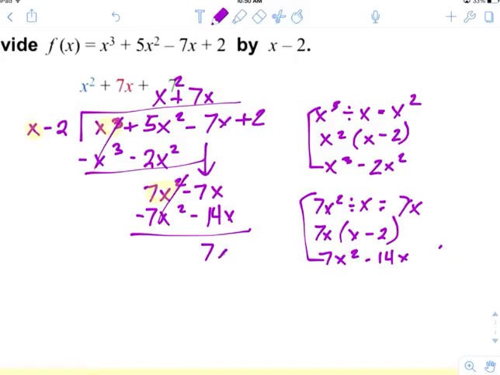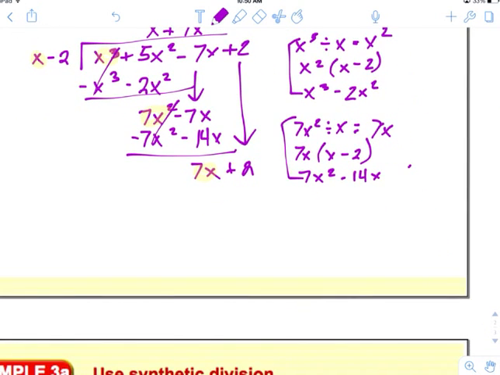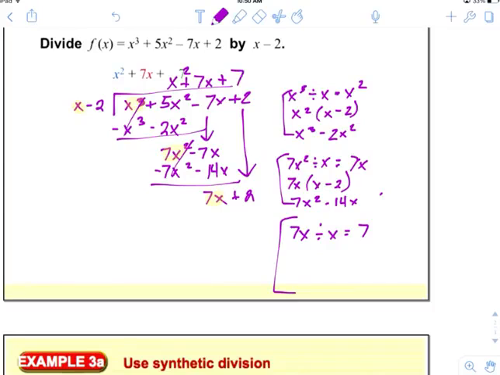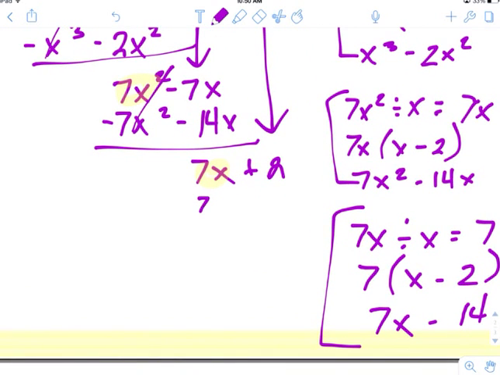So I end up with 7x, bring down my next term, plus 2. And we're in our last DMS cycle. 7x divided by x equals 7. 7 times x minus 2, 7x minus 14, gives me, whoops, positive 16 as a remainder.